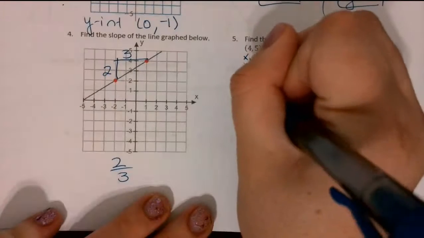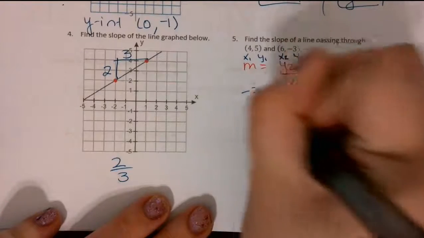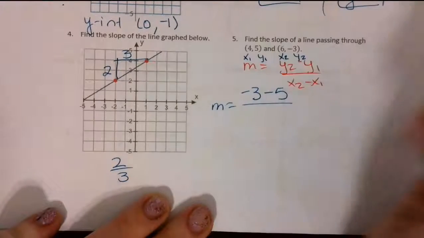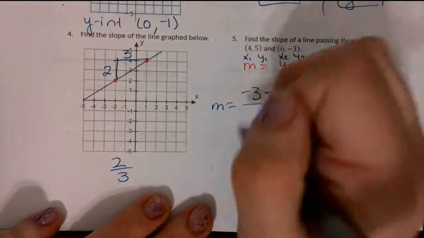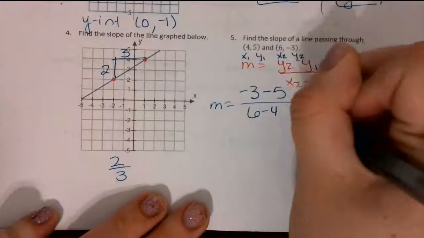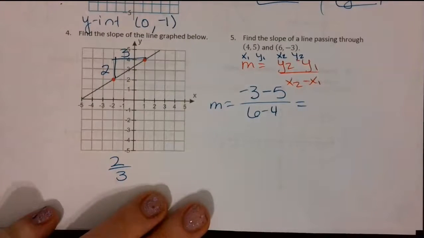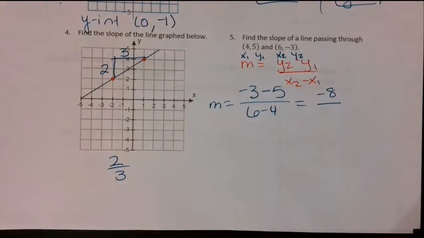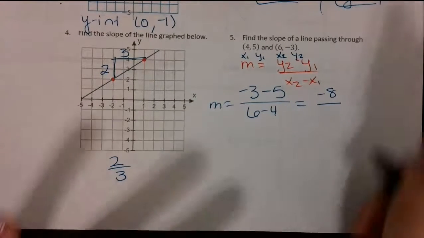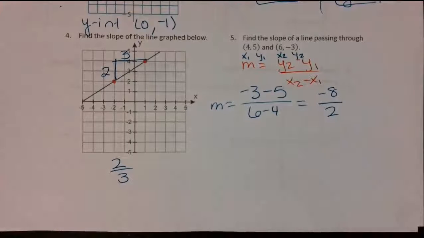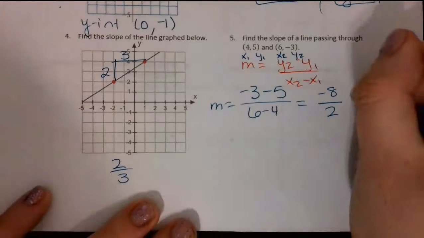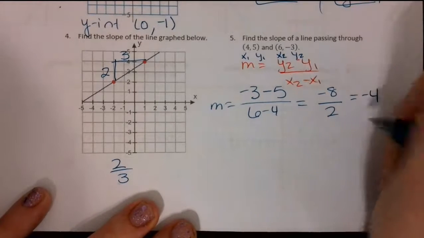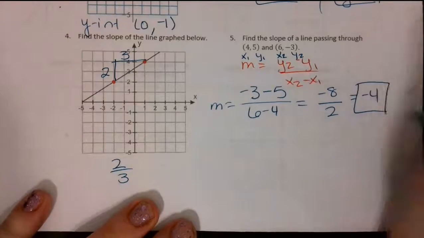So I have -3 minus 5 over 6 minus 4. -3 minus 5 is -8. 6 minus 4 is 2. I can divide -8 by +2. This gives me -4. This one just wanted the slope, so I am good.